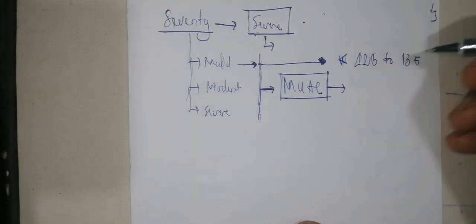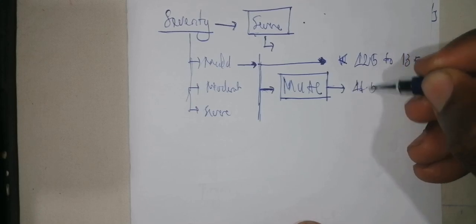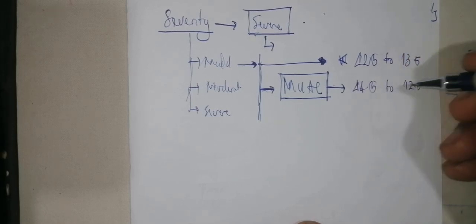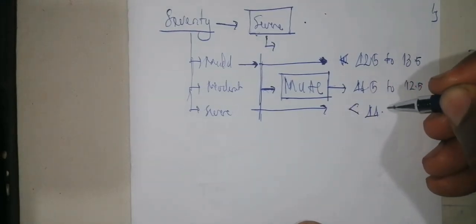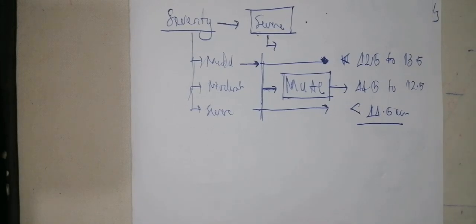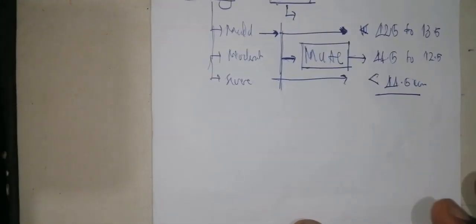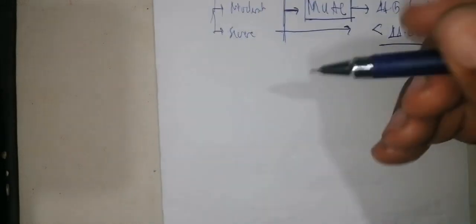For moderate, it is going to be between 11.5 and 12.5. And lastly, for severe malnutrition, it is going to be less than 11.5 centimeters. But this is going to be best explained when we visualize the physical examination of mild, moderate, and severe malnutrition.